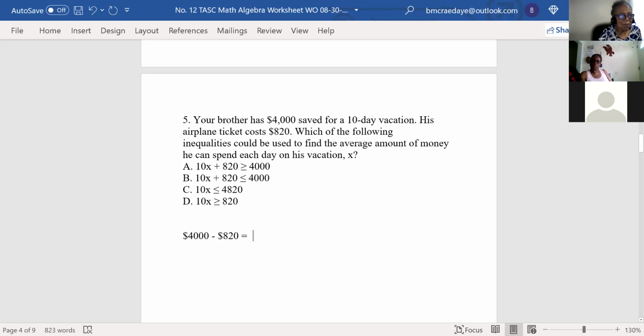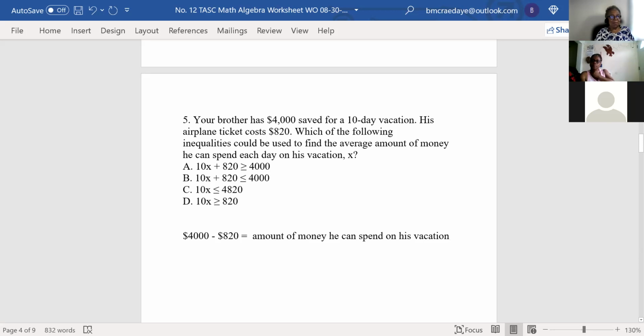Yeah, but what does that represent though? That represents the amount of money he can spend on the vacation. Yeah, right. Because once he pays for the ticket, this is the amount of money he can spend on his vacation, right?